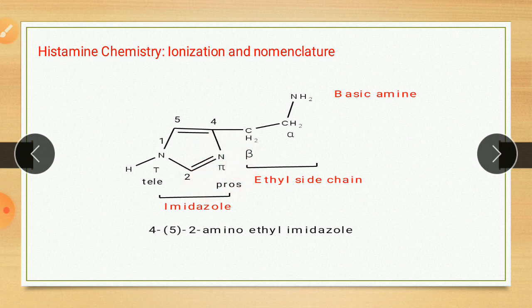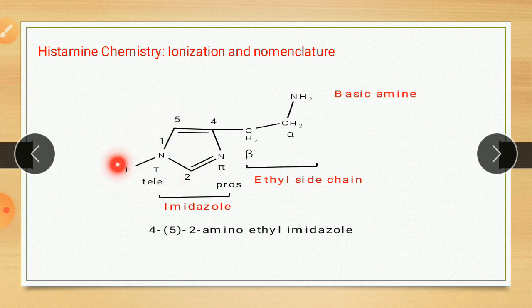Similarly, the nitrogen at position 1, this one, is termed tele nitrogen, designated as tau sign, called tele nitrogen. So the imidazole ring consists of 2 nitrogens. The nitrogen on the third position is called pros nitrogen, designated as pi sign.